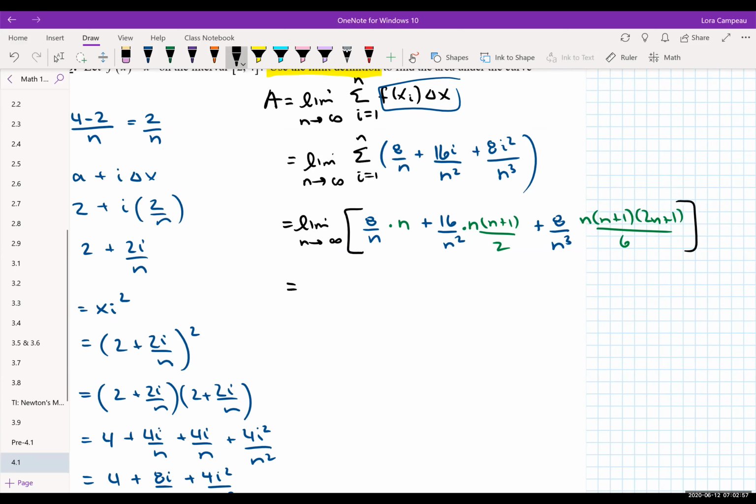So now we clean up a little bit. The limit as n approaches infinity, we just simplify 8 over n times n is 8. I should have 16 times n. Okay, so let's say we have 16 over 2. We can reduce out a little bit. 16 over 2 is 8. So we have another 8 going on.